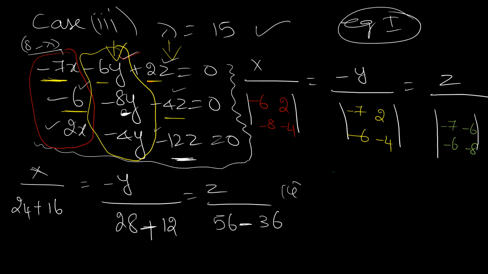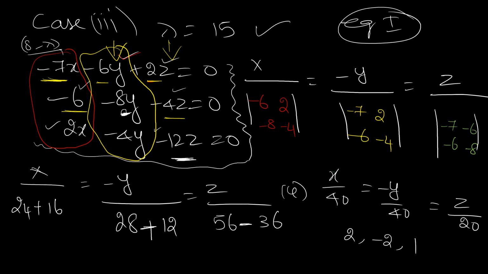So we'll get x by 40 is equal to minus y by 40 is equal to z by 20. So if you divide it by 20, what will you get? 2, minus 2, 1. So the corresponding eigenvector is 2, minus 2 and 1.